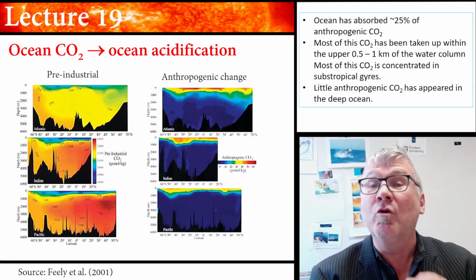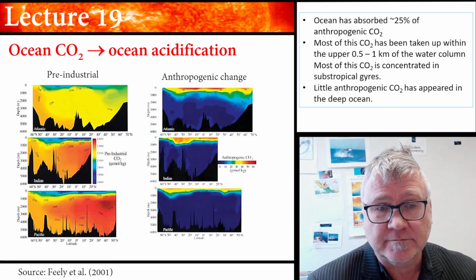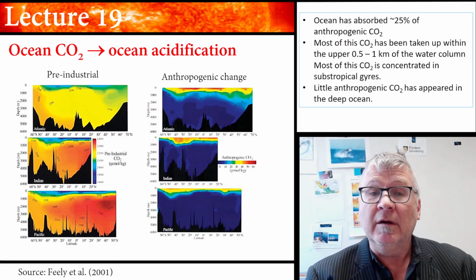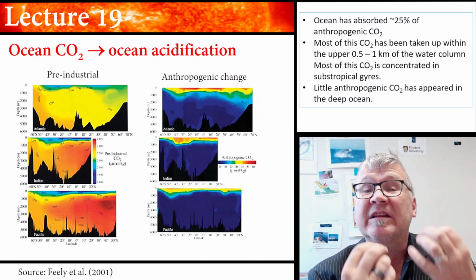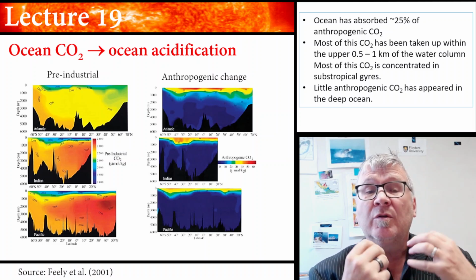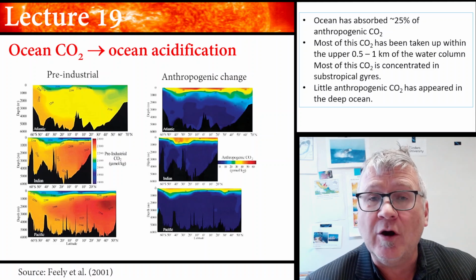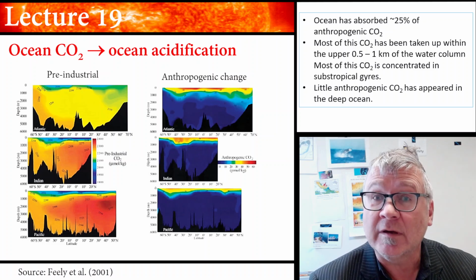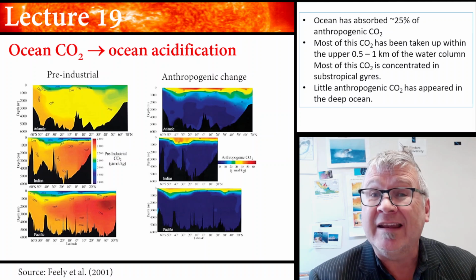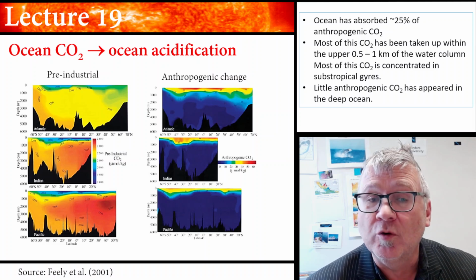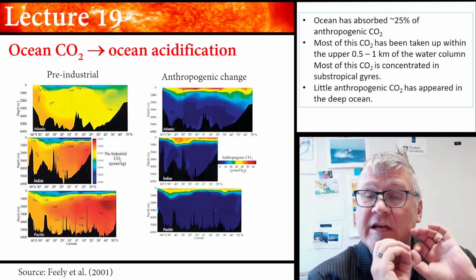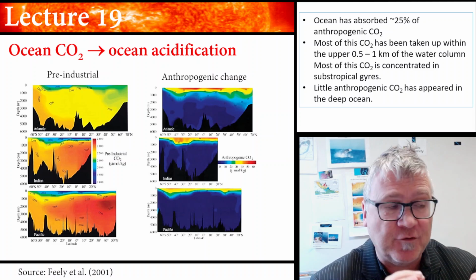Let's talk about ocean acidification. Ocean acidification is linked to changes of CO2 in the ocean, or an uptake of CO2 by the ocean. But let's start with the CO2 story first.